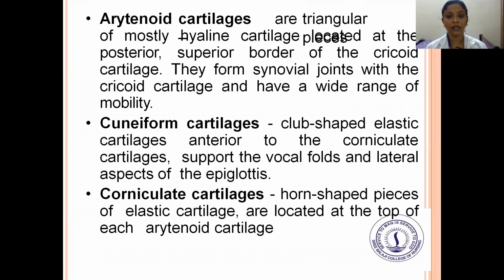They form synovial joints with the cricoid cartilage and have a wide range of mobility. Cuneiform cartilage is a club-shaped elastic cartilage anterior to the corniculate cartilage, supporting the vocal folds and lateral aspects of the epiglottis. Next, the corniculate cartilage. These are horn-shaped pieces of elastic cartilage located at the top of each arytenoid cartilage.